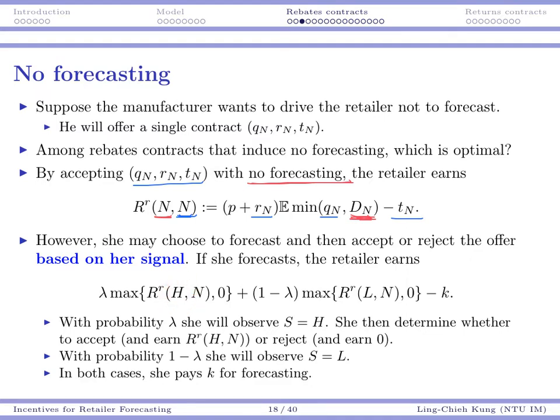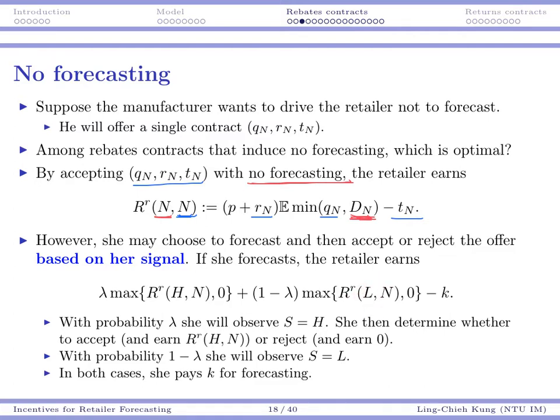So that means the retailer's type will become type H. The retailer will see this as the expected profit. Or with probability 1 minus lambda, the retailer will see a low demand. So the retailer's type becomes L.